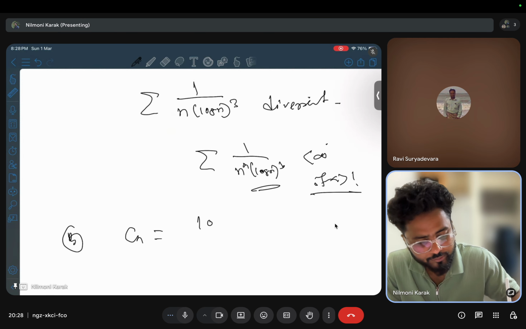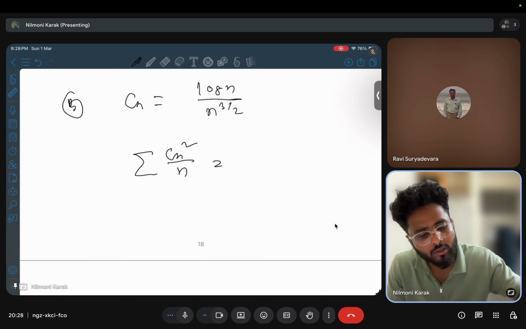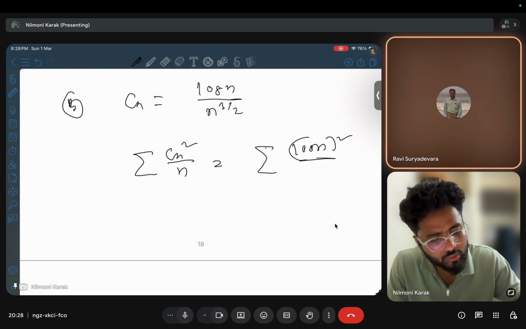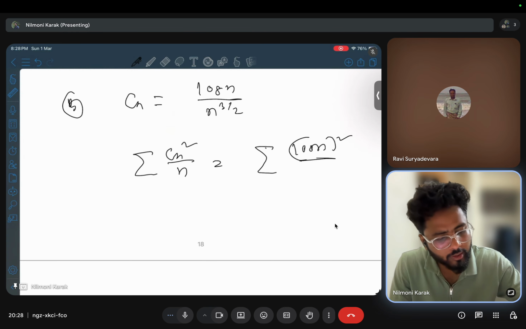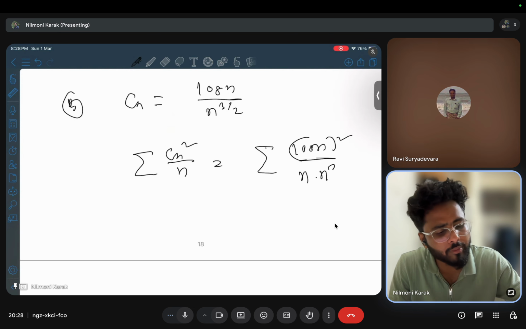And for B, Cn equals log n by n to the power 3 by 2. So the sum of Cn squared by n is log n squared times n times n to the power 3.